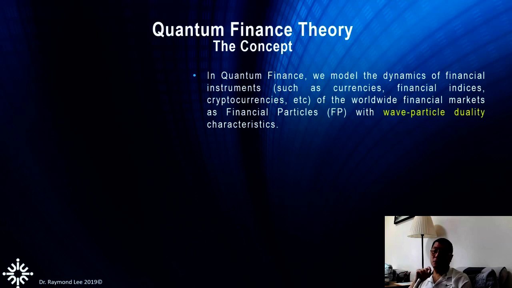And using the wave-particle duality characteristic, which means to a certain extent it can appear as a kind of particle, what we call the price, or the price index. But as a whole, it exists as a kind of pattern, as we have mentioned a lot in the MT4 system for technical analysis.